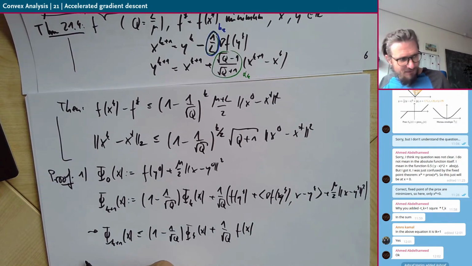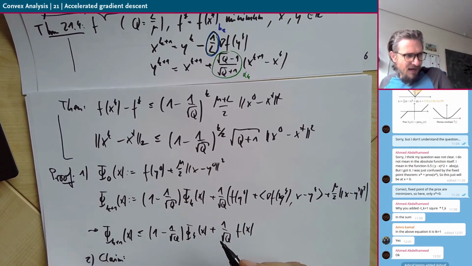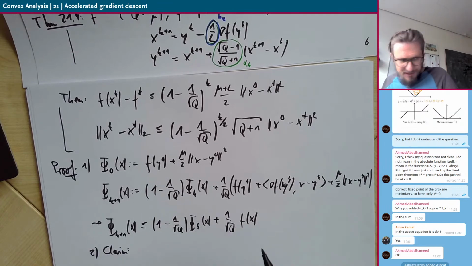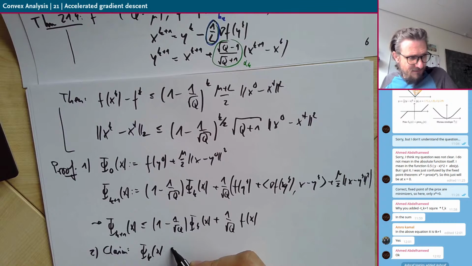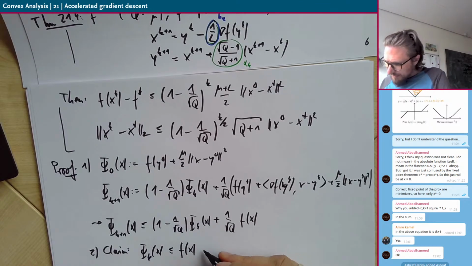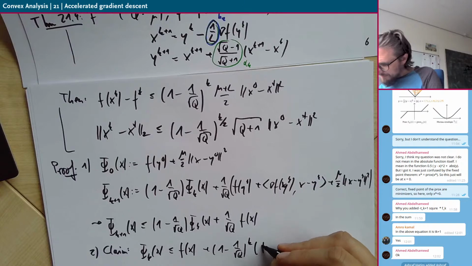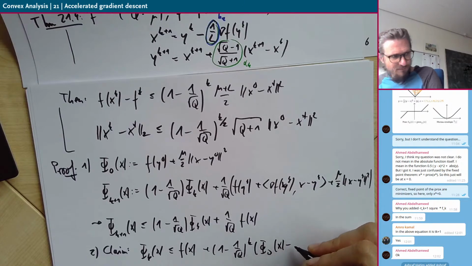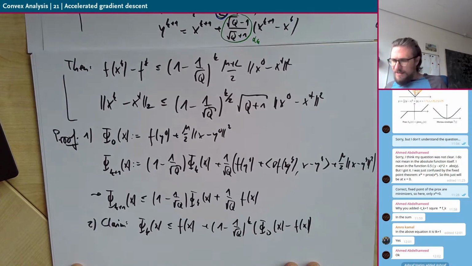Okay, second step. We claim that we can get a recursion which looks like this: phi_k(x) is below f(x) plus (1 minus 1 over square root of q) to the k times (phi_0(x) minus f(x)). We claim that, and it's true.